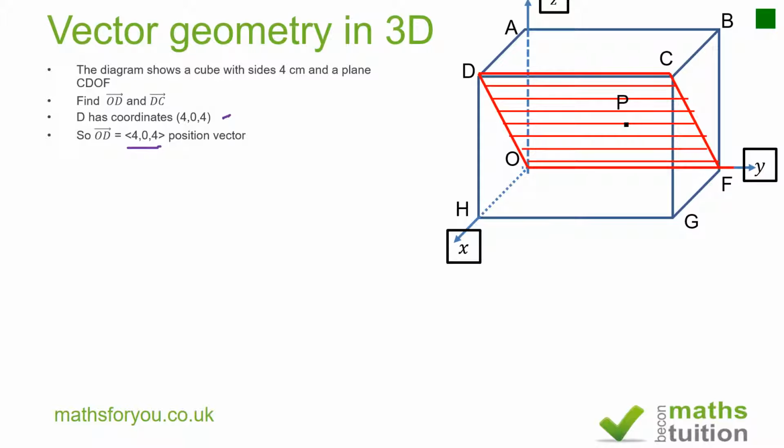Similarly, we need to find the coordinates of the point C. The coordinates of point C are 4, 4, 4, because to get from the origin to C, we move 4 units parallel to the x-axis, 4 units parallel to the y-axis, and then 4 units parallel to the z-axis, and that gets us to the point C. So the coordinates of C are 4, 4, 4.